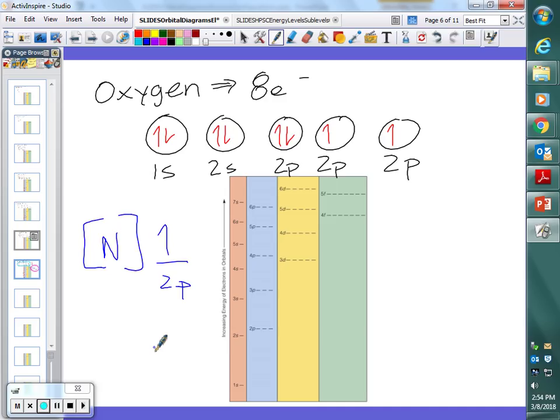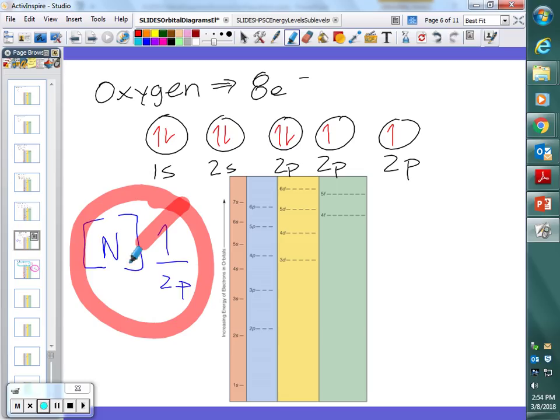This doesn't work. Nitrogen is not a noble gas. We can only pick it up from the noble gases and then start from there.